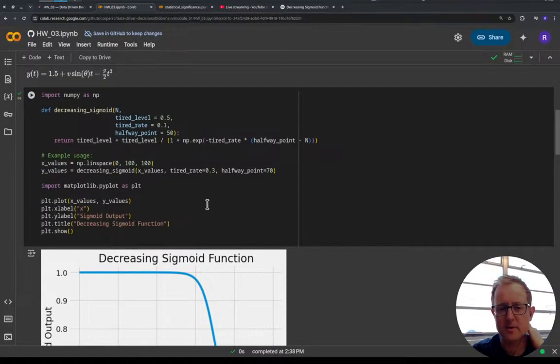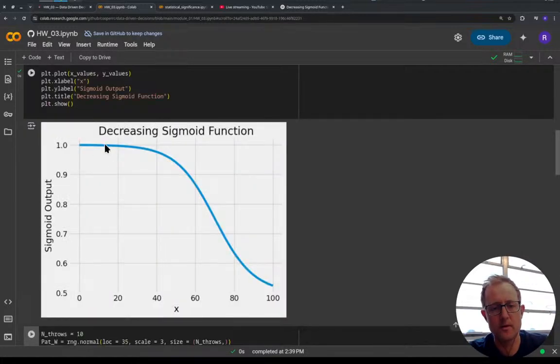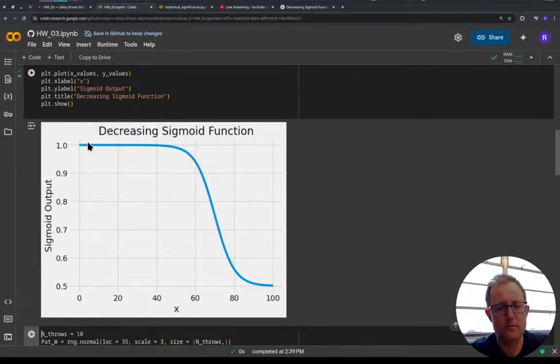So now I've got some control over how tired my tired level is. What is my tiring rate? Do I want it to be fast or slow? So put it back to 0.1. Here's a slow decrease. We can call it 0.2 if we want a faster decrease.